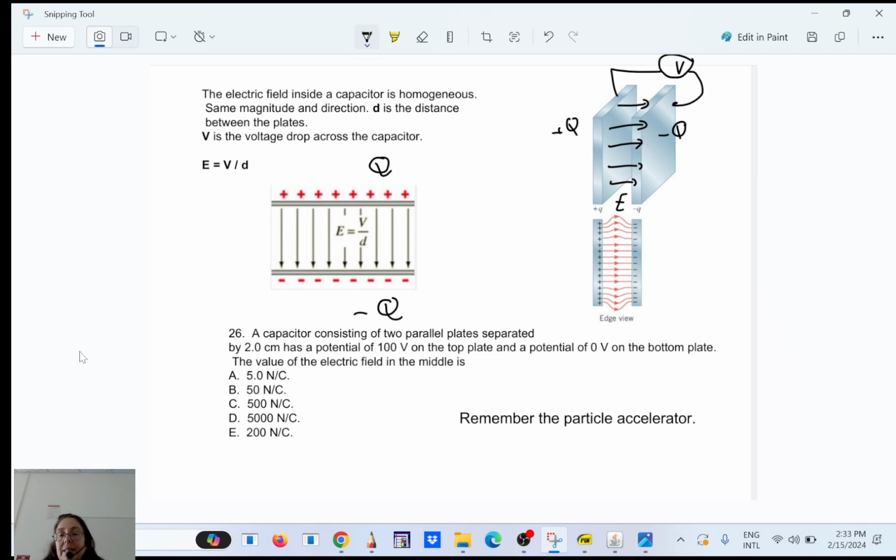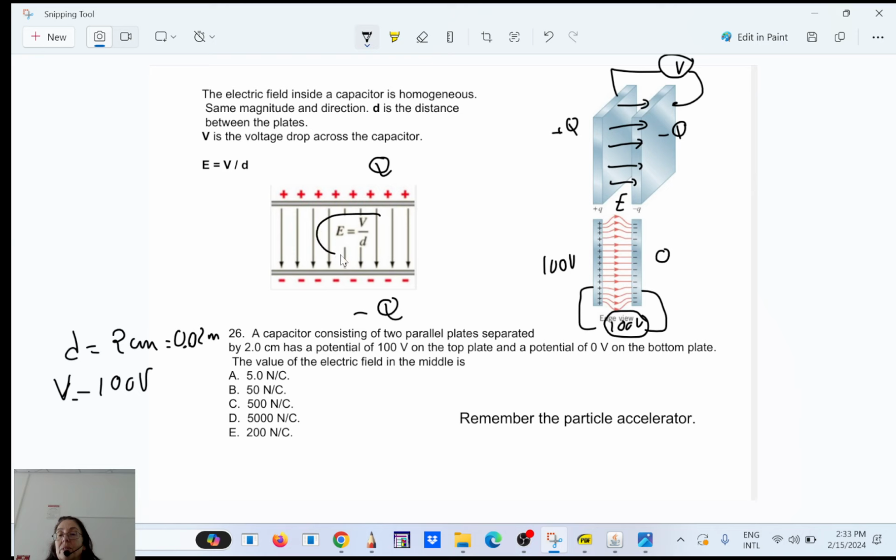Okay, so we have d equals 2 centimeters, which is 0.02 meters. Yes? Potential is 100 volts. So this means this is at 100 volt, this is 0. So the voltage drop here is 100 volt. So delta V equals 100 volt.